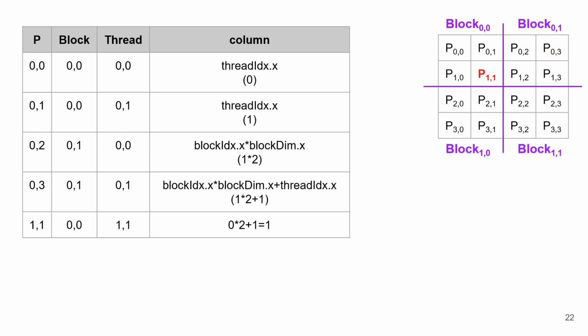We can also check some other elements and verify that. For example, the column number for P11 is 0 multiplied by 2 plus 1, or 1. Or the column number for P23 is 1 multiplied by 2 plus 1, which is column number 3.